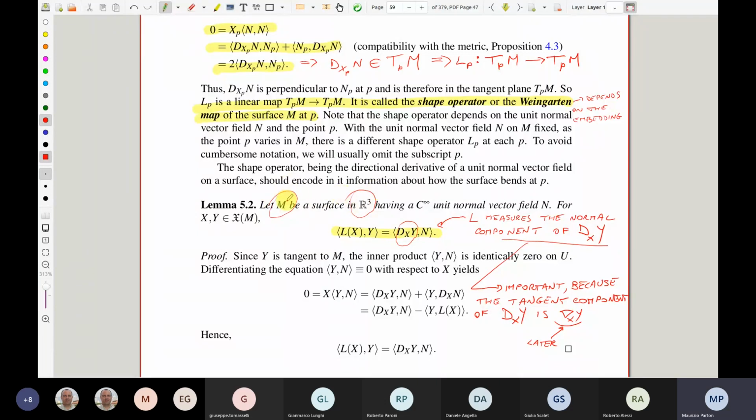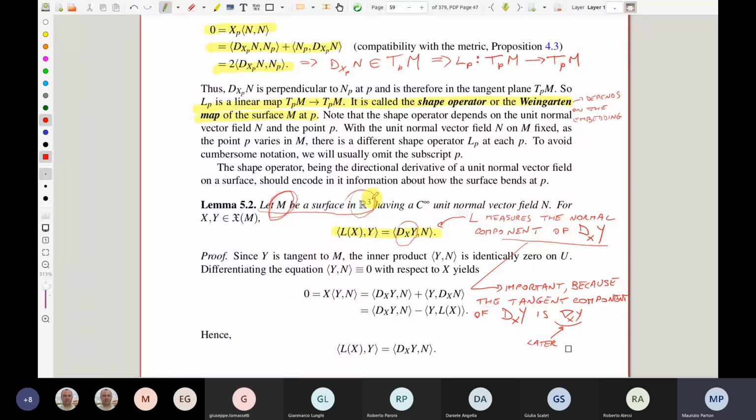Of course, if you put on M another metric, this doesn't work. But you would never say "let M be a surface in R3" in a book on geometry in that case, because, as I told you at the beginning of the lecture, I'm implicitly saying let M be a Riemannian manifold in the Euclidean space R3, and let the Riemannian metric on M be exactly the metric induced by the Euclidean metric in R3.